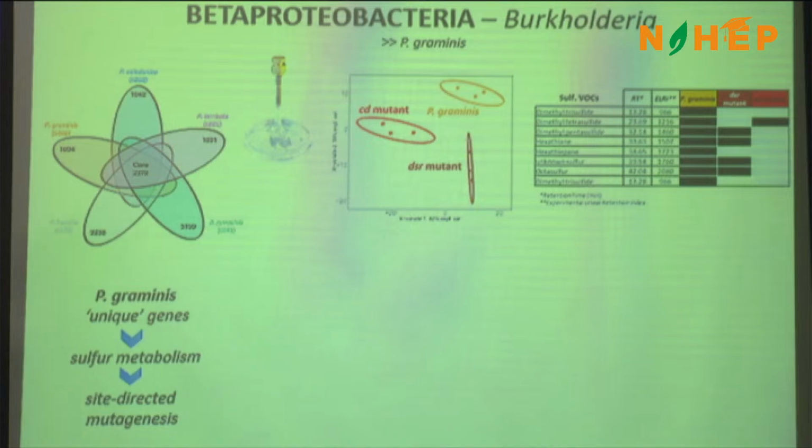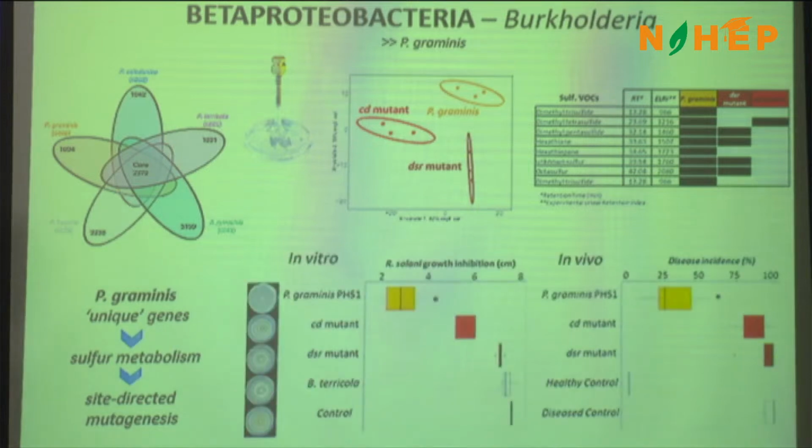But even more important, we did in vitro and in vivo analysis, with the fricandel assays. In the in vitro, we did the sandwich assay, and we see that Paraburkholderia graminis is still inhibiting the growth of the fungus.